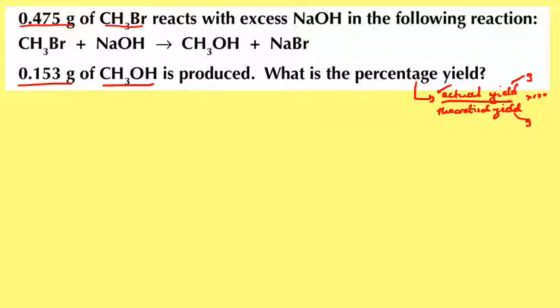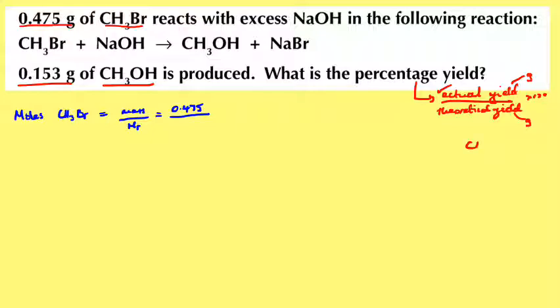The first thing we need to do is work out how many moles of bromomethane we have. Moles of CH3Br is the mass divided by the MR, and the mass is 0.475.